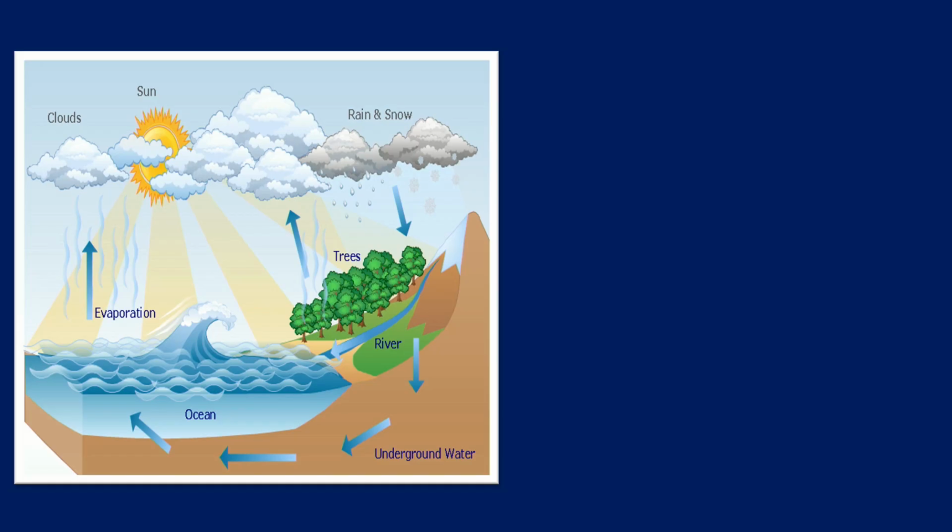From these, water evaporates due to the heat of the sun, and the evaporated water goes up and settles in the form of cloud. This cloud is nothing but water vapor, accumulated at one place.